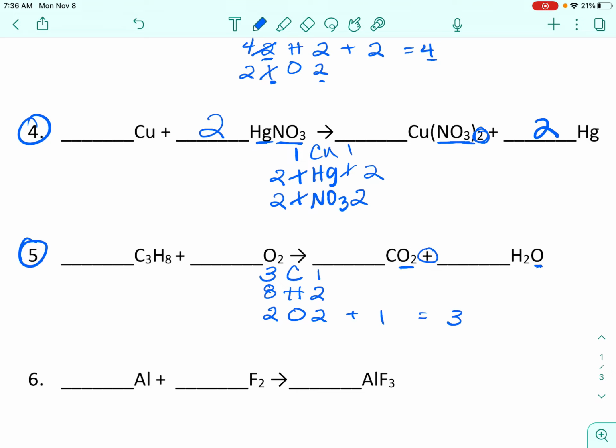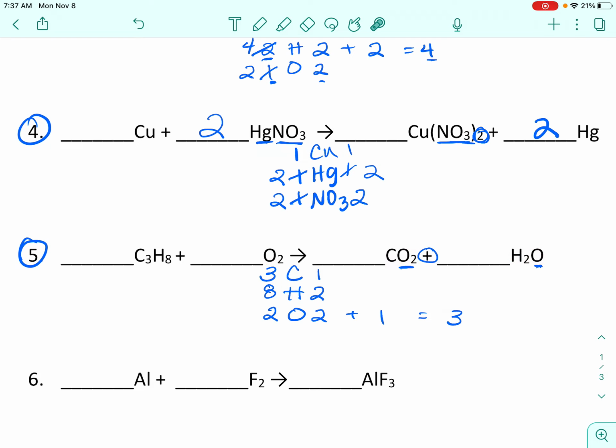Couple of hints for this one. Do oxygen last, because it's by itself here in the reactants, and it's in 2 places in the product, so it'll make it easier if you do it last. With these kinds of ones, I like to start with carbon. This is a very common equation type that you'll see, where there's some kind of carbon compound plus oxygen gives you carbon dioxide and water.